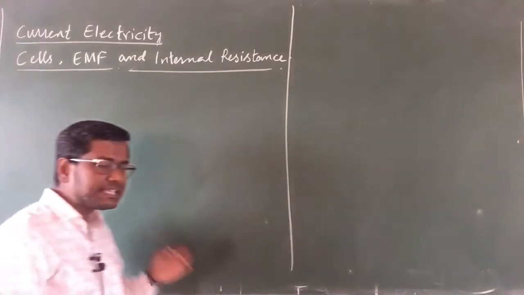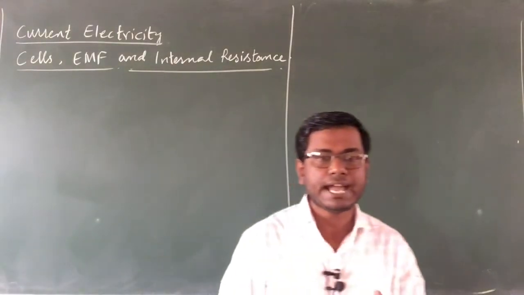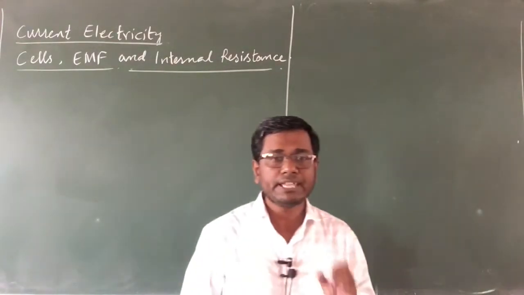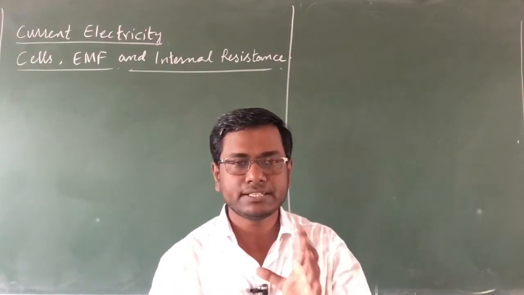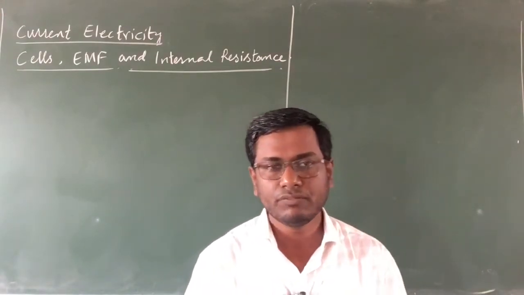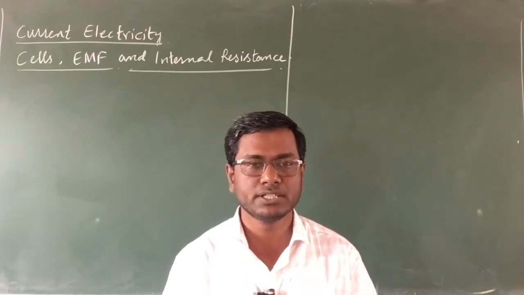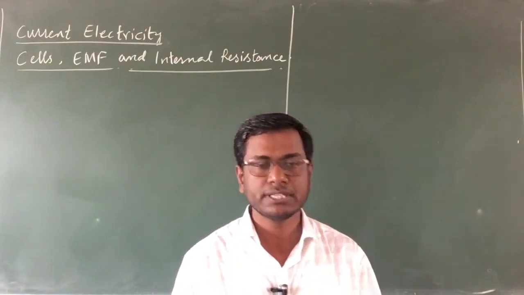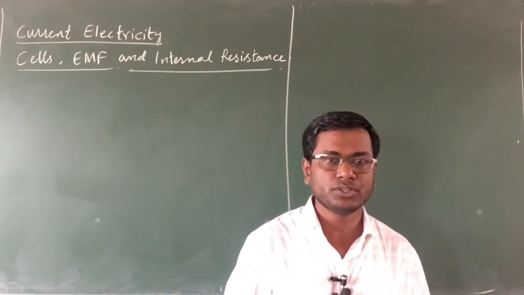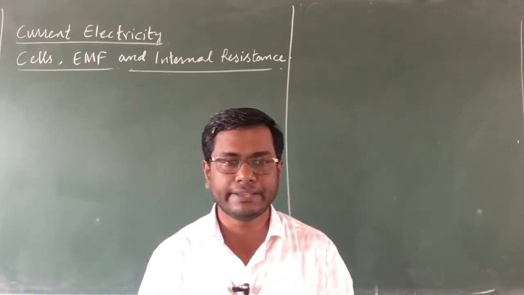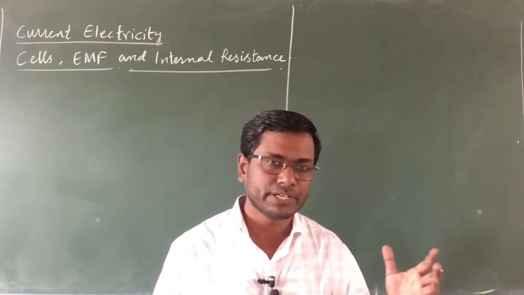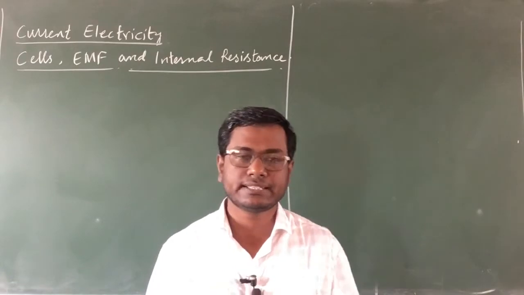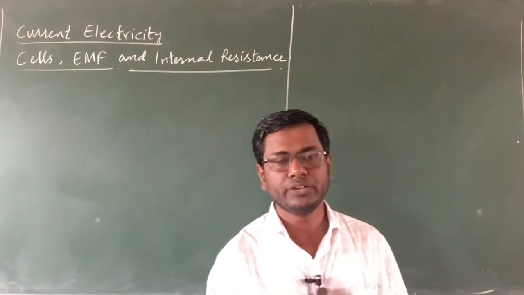It is inside the cell. We know we have an electrolyte. It is a liquid, a solution which contains the positive ions and negative ions, and if we make those ions move in a particular direction, let us say positive ions are going towards one side, at the same time the negative ions will be moving to the other side.